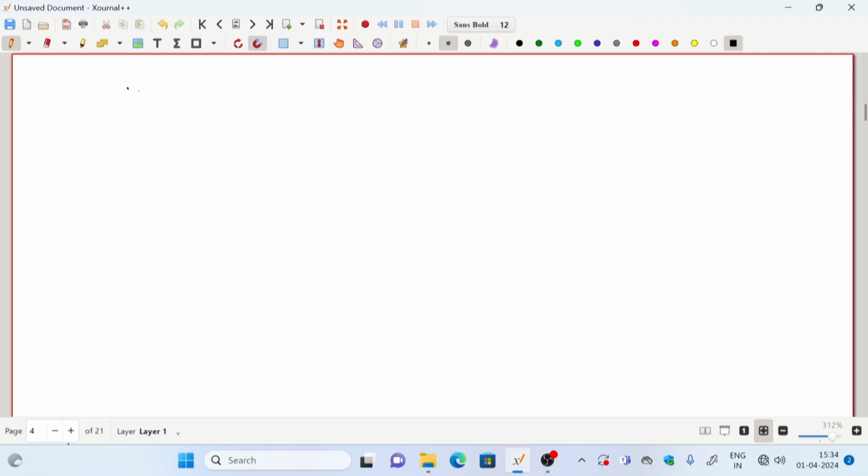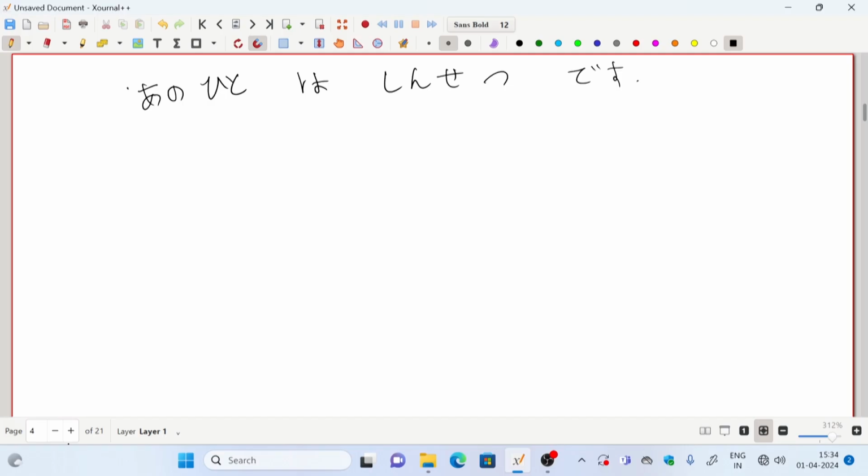Suppose we are saying ano hito wa shinsetsu desu. This is the kanji of person, which otherwise we write in hiragana. If we want to put questions to know about the characteristics of something, which is usually explained using an adjective, we'll put questions like this.